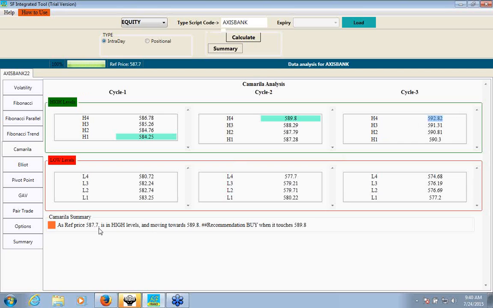So you are at the 587 reference point and moving towards 589, and once you move beyond 589, means if you are buying at this level, the L4 level will be your stop loss, first cycle's L4 level. Or if you are nearing the second cycle, you will be putting the L4 of the second cycle as a stop loss. Stop loss I'll take separately.